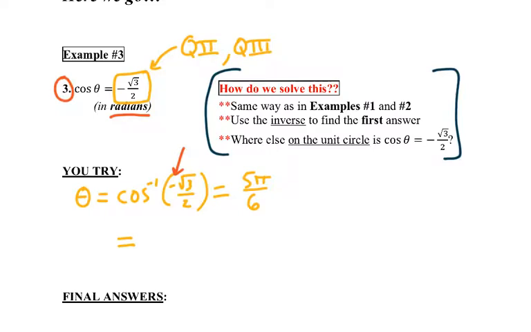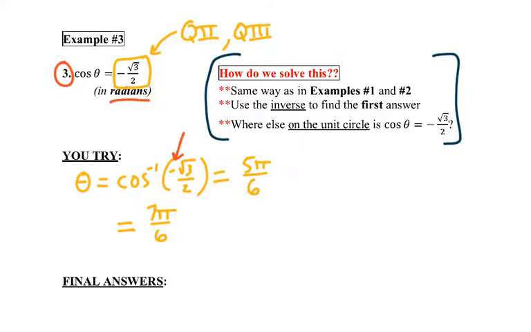So try to think where else in quadrant 3 is cosine equal to negative root 3 over 2. And my second answer would be about 210 degrees or 7 pi over 6. So final answers, 5 pi over 6 from the inverse, 7 pi over 6 once I drop the inverse and just look at the unit circle, where else is the cosine equal to negative root 3 over 2? And that's question number 3.